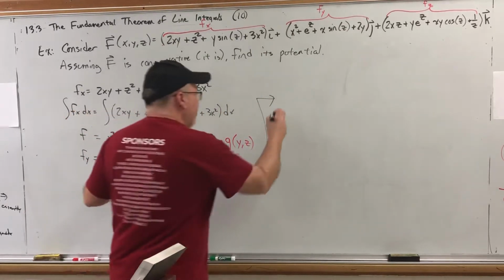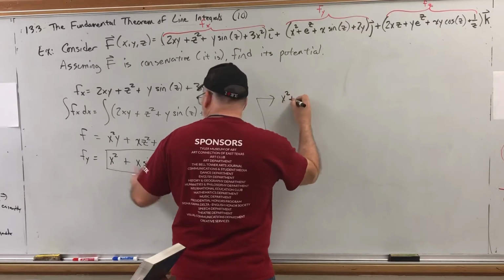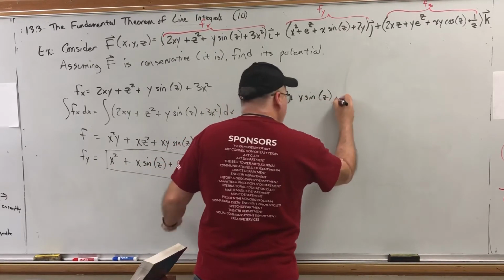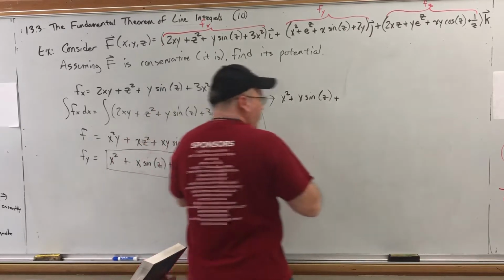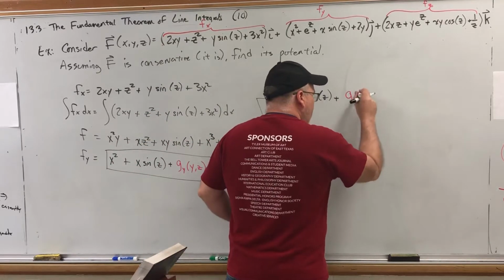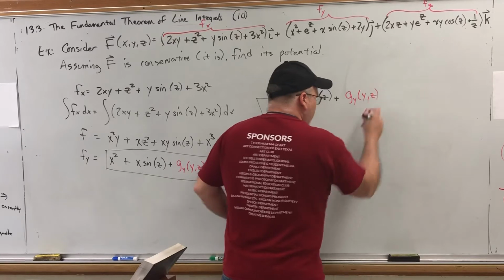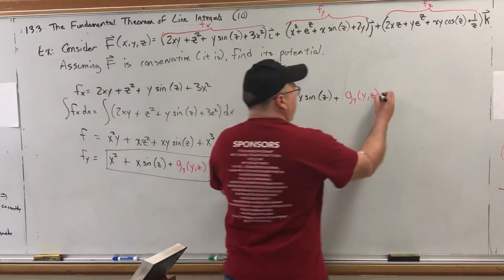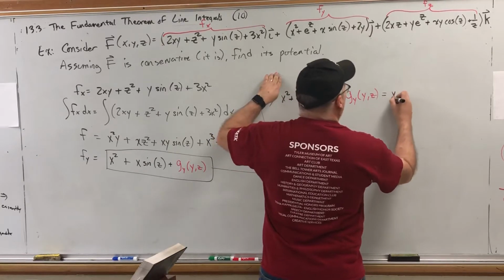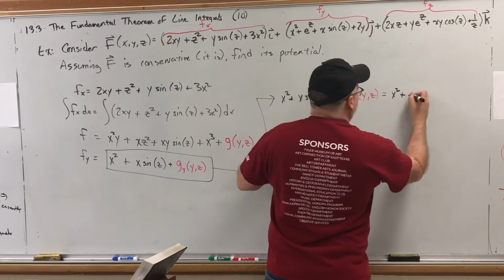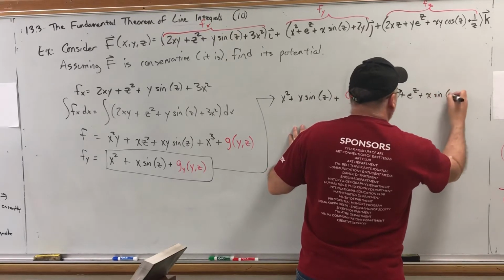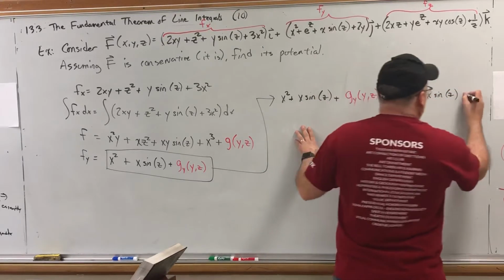X squared plus x sine z plus the partial derivative of some function g of y and z with respect to y is equal to this guy. So it equals x squared plus e to the z power plus x sine of z plus 2y.